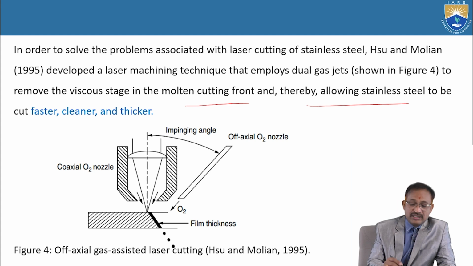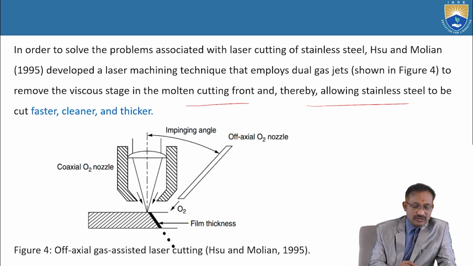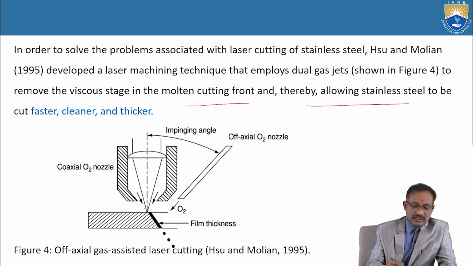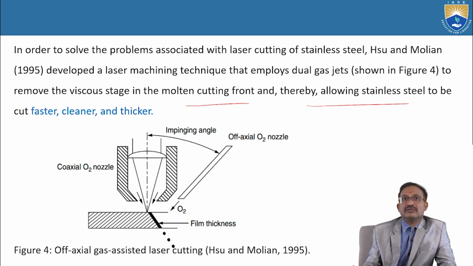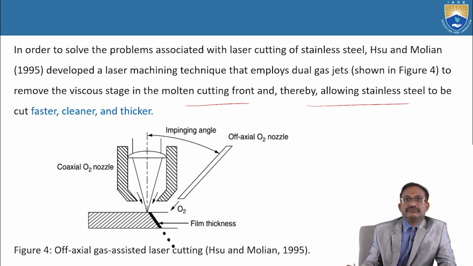Okay, so here the figure gives information, it is the film thickness. This is the coaxial O2 nozzle and the off-axial O2 nozzle setup here, and O2 will strike here, and this is the impinging angle. So here the ray is pointing onto this workpiece. Okay, right. So the film thickness can be this one.